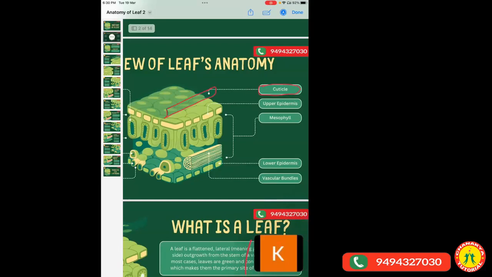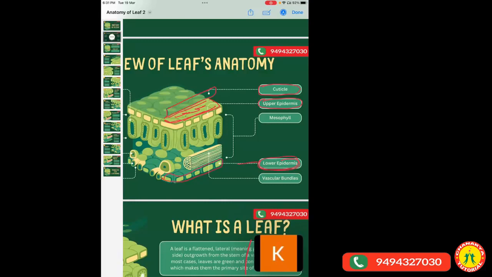Now, as soon as you can see after this cuticle, there is a layer. This upper layer is called the upper epidermis. So outermost we have a layer called a cuticle. Just below the cuticle, we have the other layer, other cells which are called the upper epidermis. Now, same way, downside when we come, we can see the other type of layer which is called the lower epidermis.